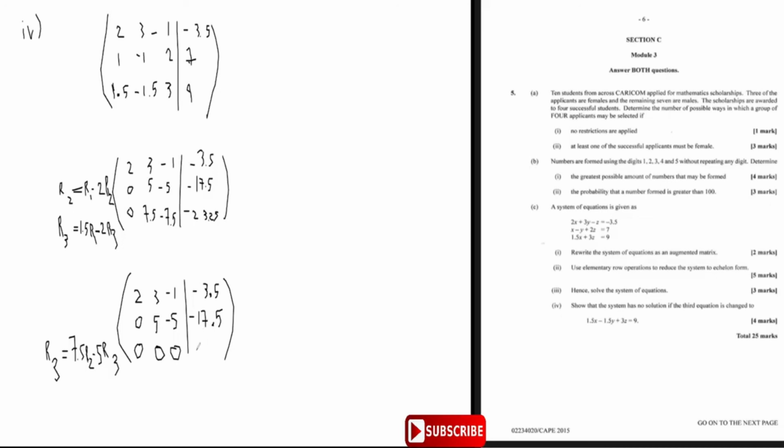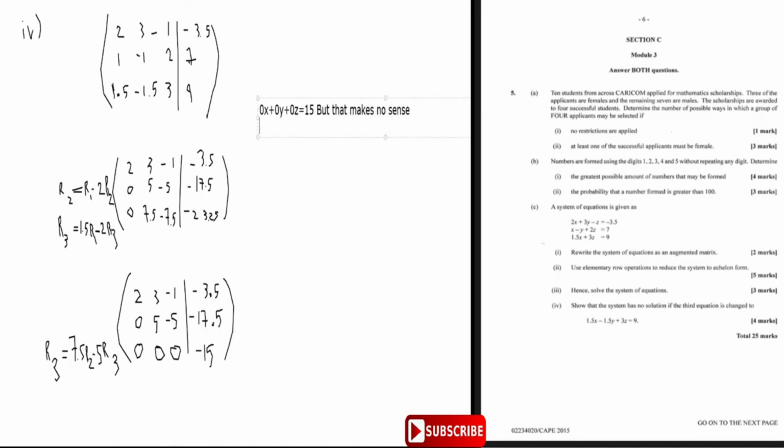That's minus 15. Now look, this is telling us that 0x plus 0y plus 0z is equal to 15. But that makes no sense. How can nothing be equal to 15? Tell them that makes no sense.